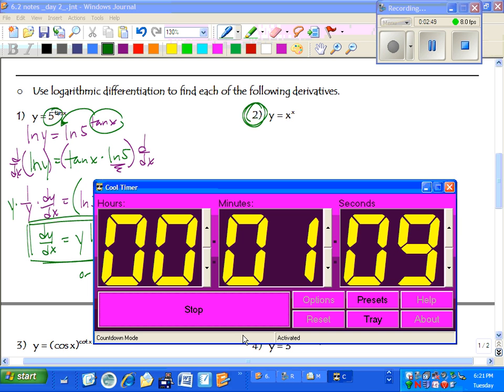Time's a ticking. Get to work back there. Thirty seconds.